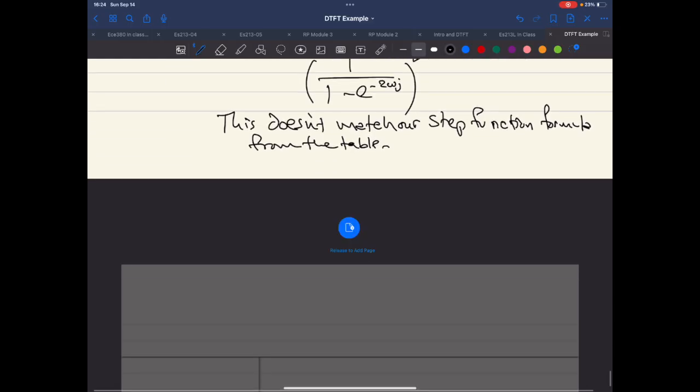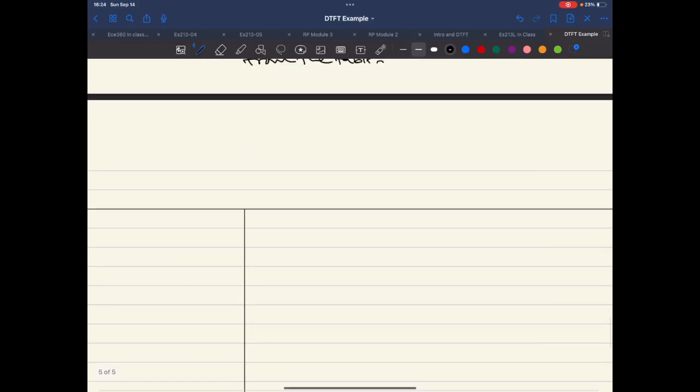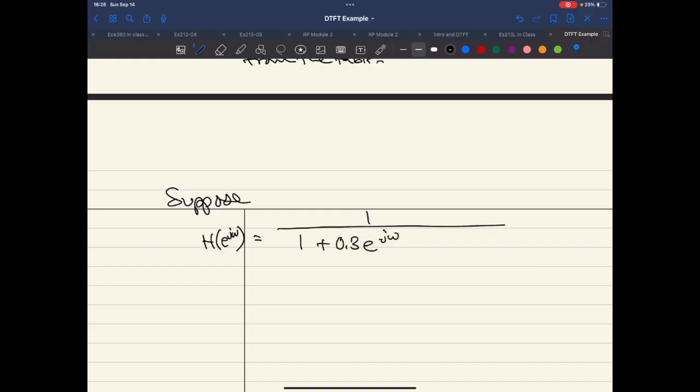So what are some other examples of this? Let's suppose we have H(e^jω) is equal to, let's do something like this. We already have 1 plus 0.3 e to the minus jω. We'll add in something like that into this guy here.